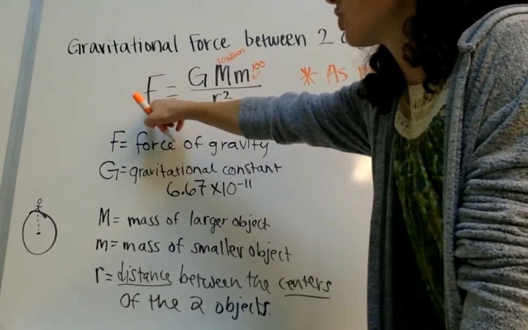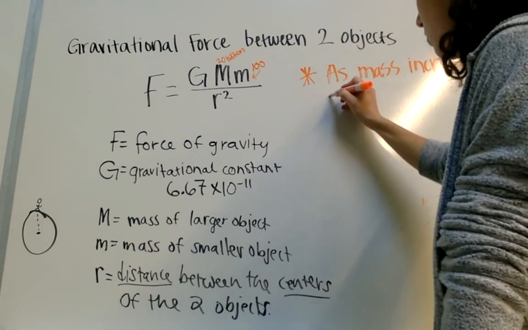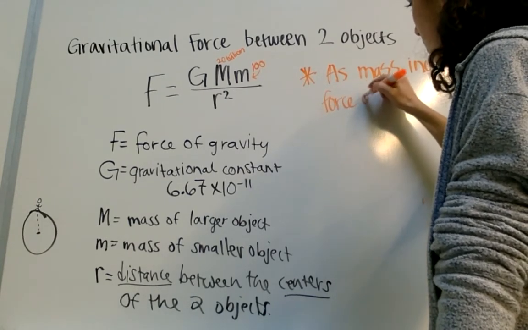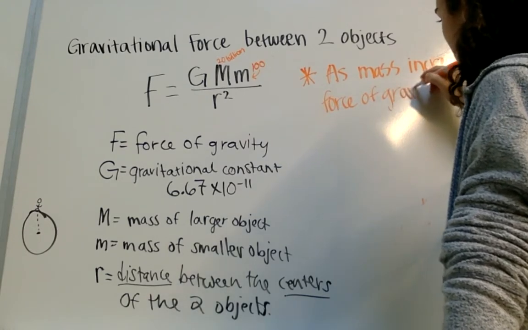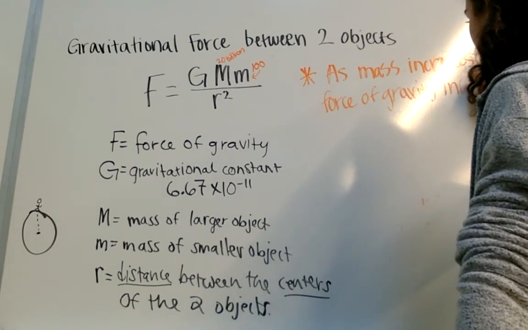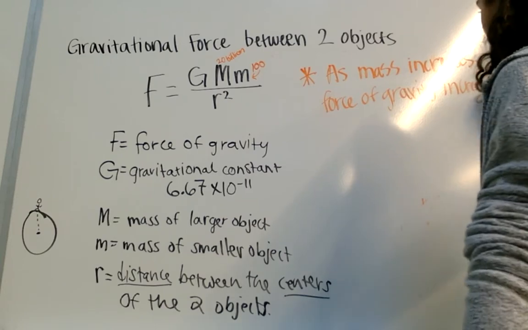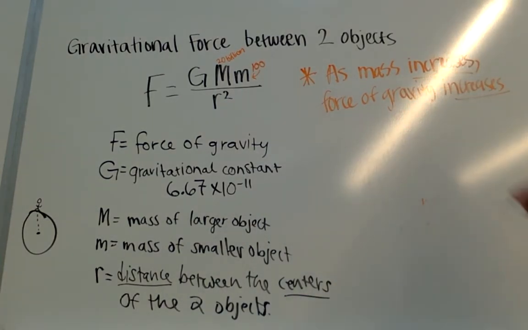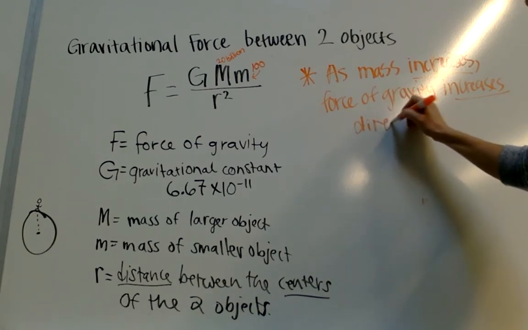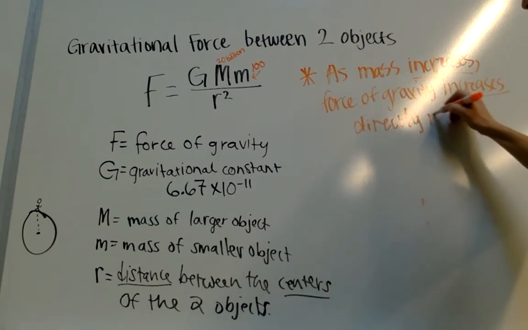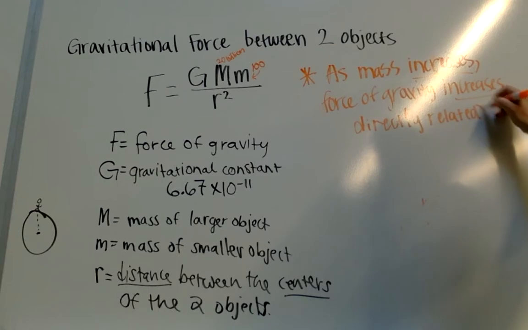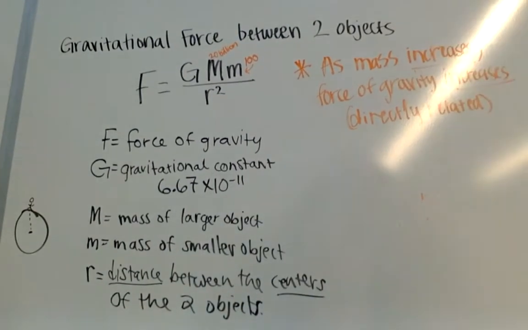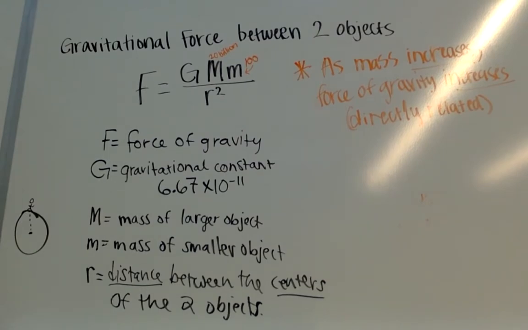If mass increases, so does that gravitational force. So gravitational force of gravity. So those are directly related. I'm going to turn off the lights so you guys can see that better.